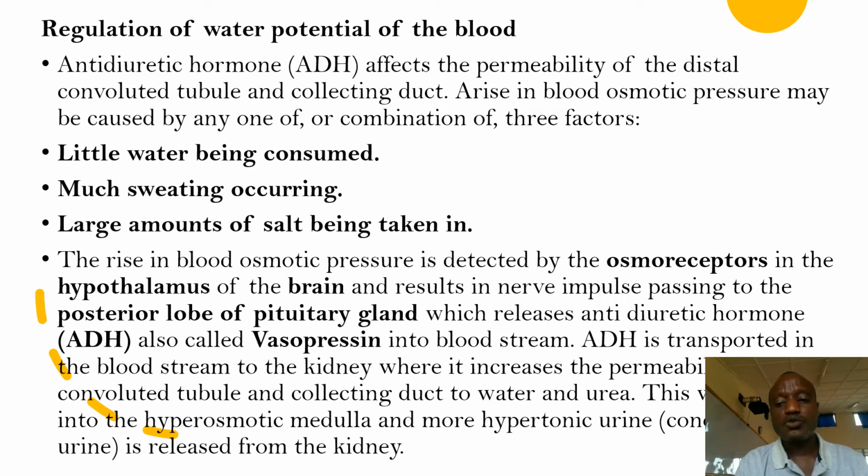Once ADH is transported to the kidney, it increases the permeability of the convoluted tubule and collecting duct to water and urea. This now results in a hyperosmotic medulla and a more hypertonic, concentrated urine is released from the kidney.